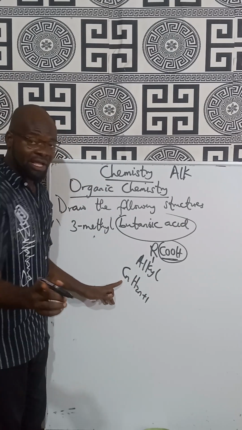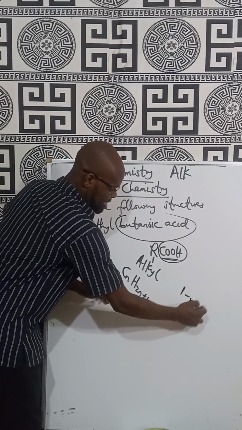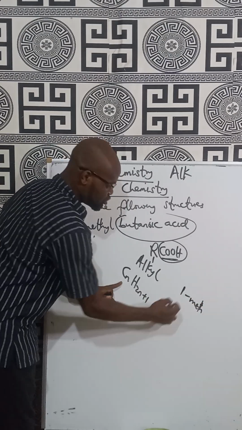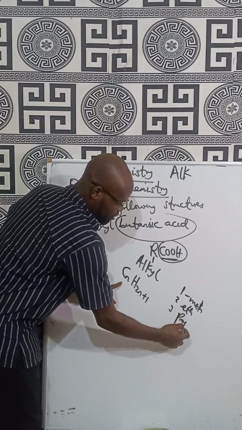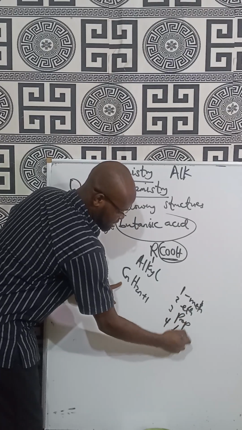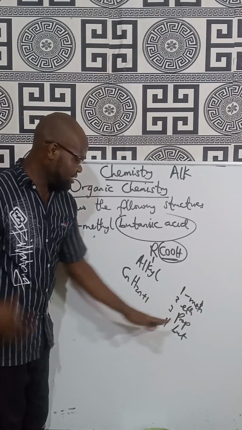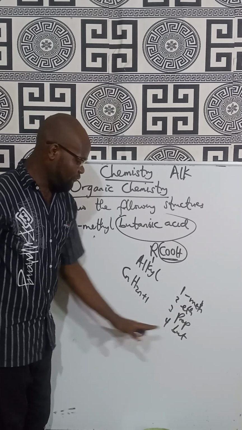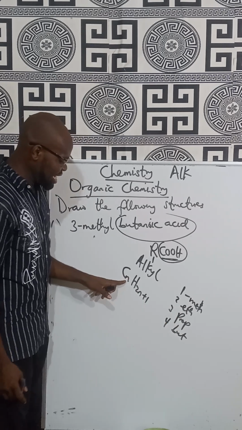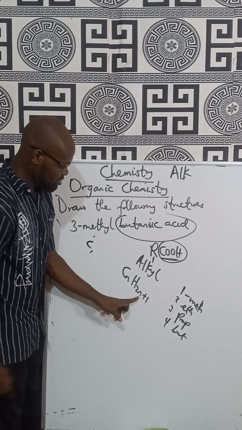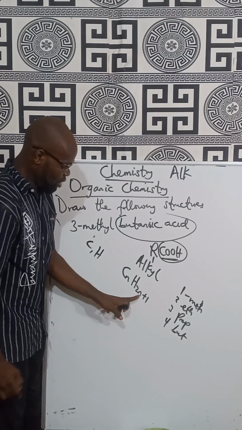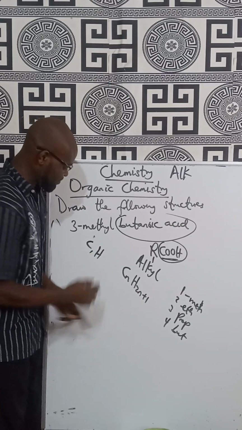And most times, 1 is for meth, 2 is eth, 3 is prop, 4 is but. So 1 meth, 2 eth, 3 prop, 4 but, and so on. If I put n as 1 here, that's C1, and H is 1 times 2 is 2, 2 plus 1 is 3, CH3.